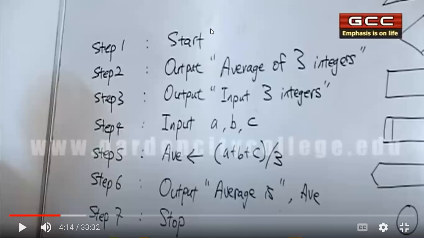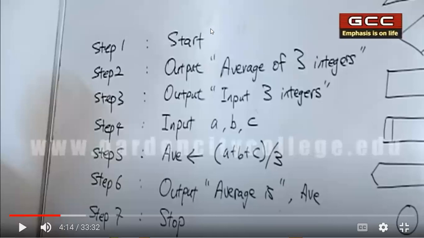What would you put for step 2? Step 2 will be output. Right. And what would you say in it? What can you say? Profit of sale and cost. Yeah, profit of sale price and cost price.